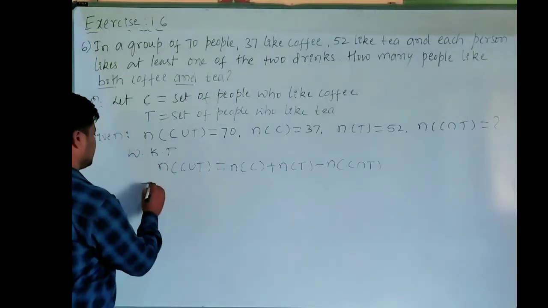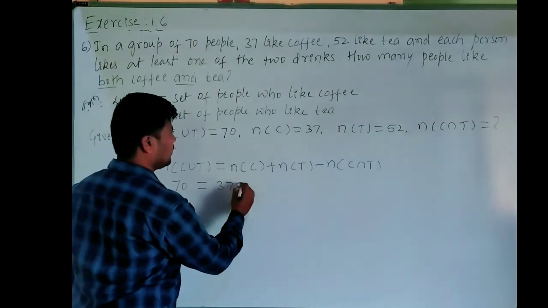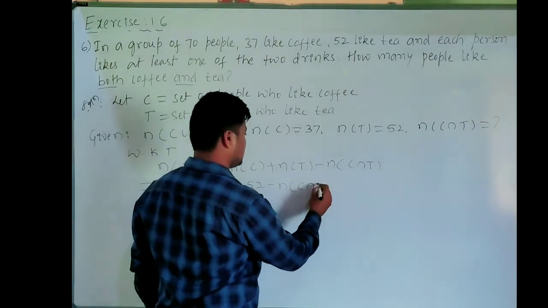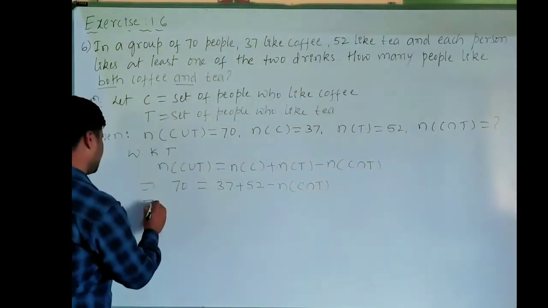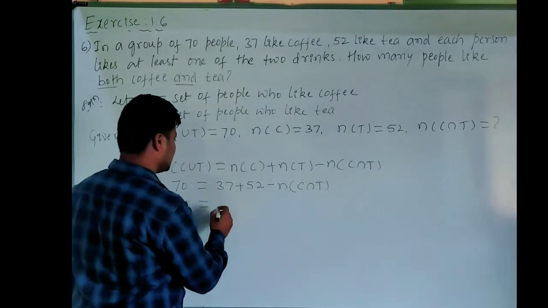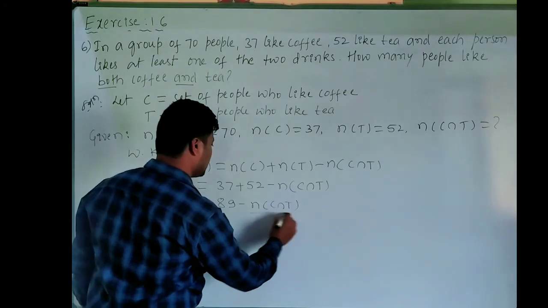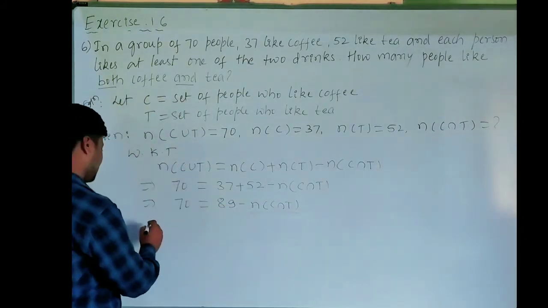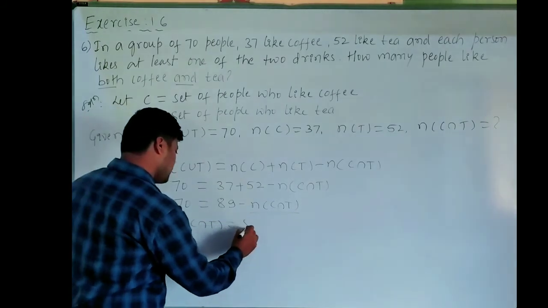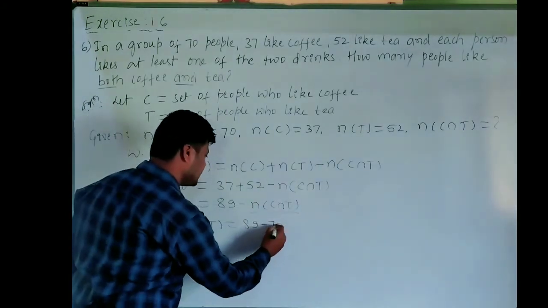Substitute the values. This is 70 equals 37 plus 52 minus n of C intersection T. We have to find this value, so keep it as it is. So 70 equals 89 minus n of C intersection T. Transfer it to the LHS: n of C intersection T equals 89 minus 70.